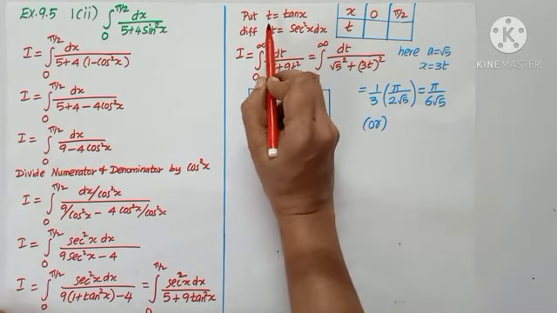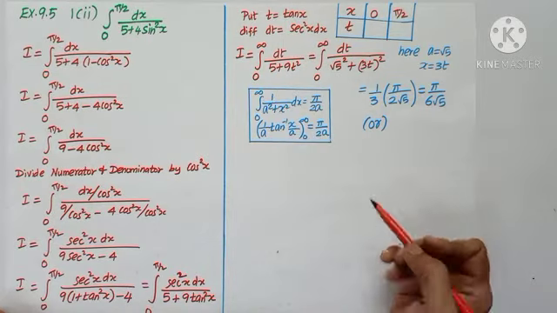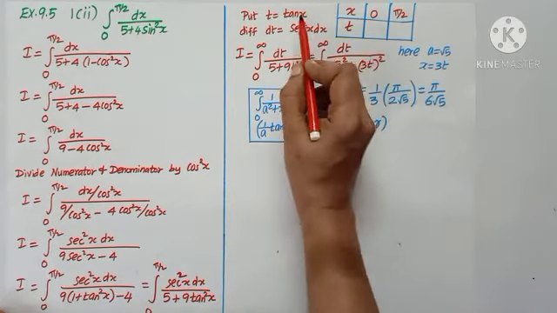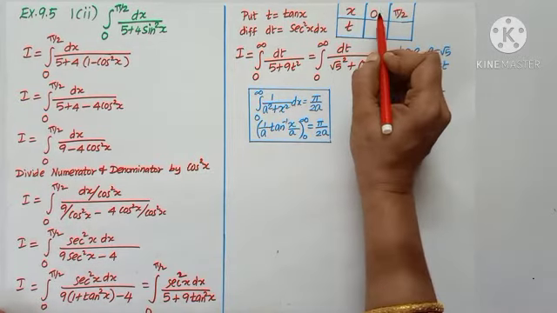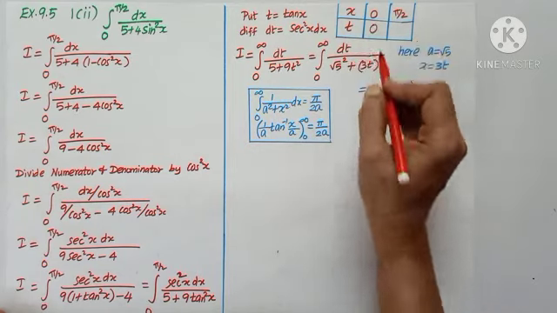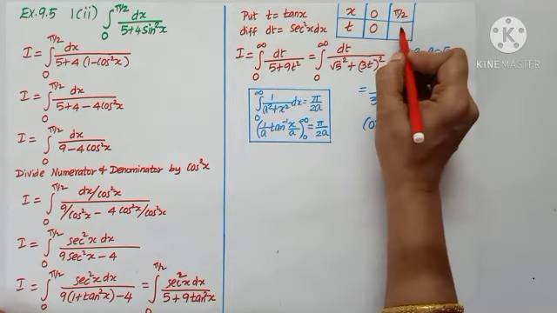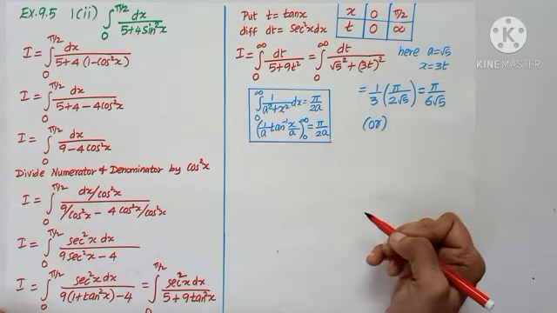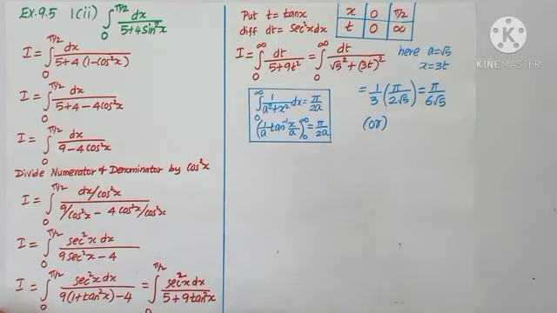Differentiate. dt becomes, tan x becomes secant square x dx. Changing the limits, x limits are 0 to pi by 2. When x is 0, t is equal to tan 0, that is 0. When x is pi by 2, t equals tan pi by 2, that is infinity. My question is rewritten as integral 0 to infinity.